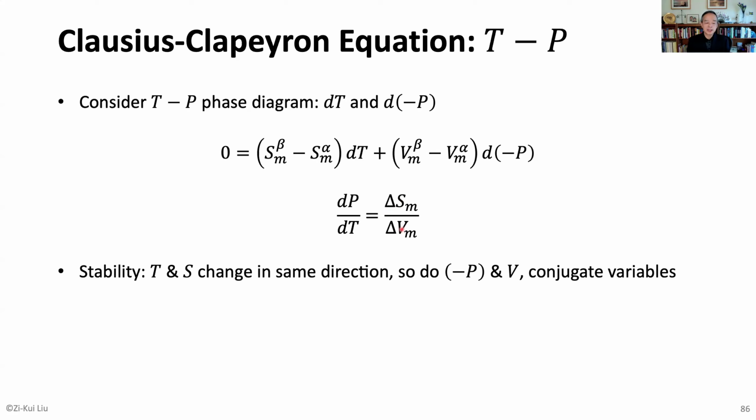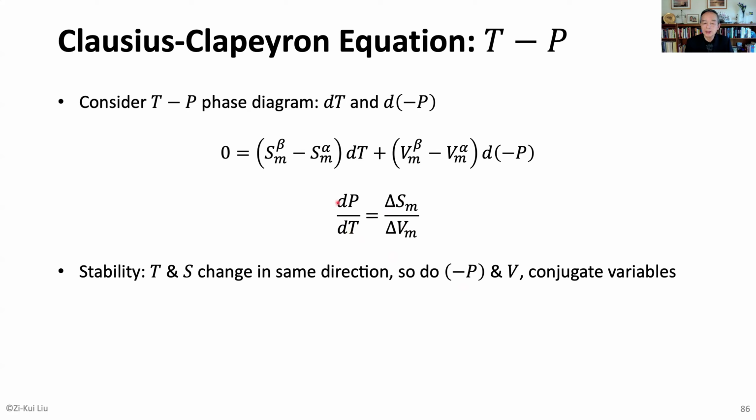And now we know from the stability discussion of T and S that we talked about before, for a phase, T and S must change in the same direction if the thing is stable. And minus P and V change in the same direction because they're conjugated variables in equilibrium. That means when dT is positive, delta S is positive, right?